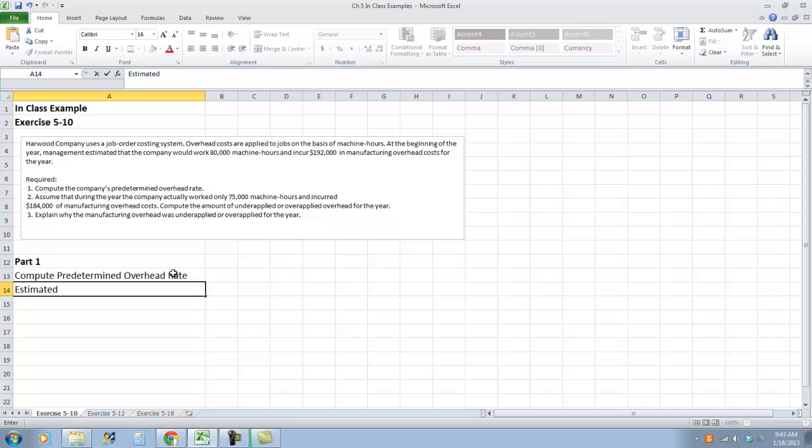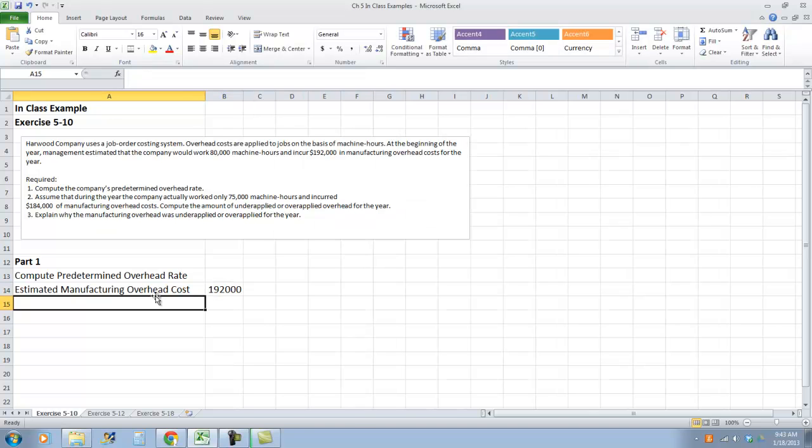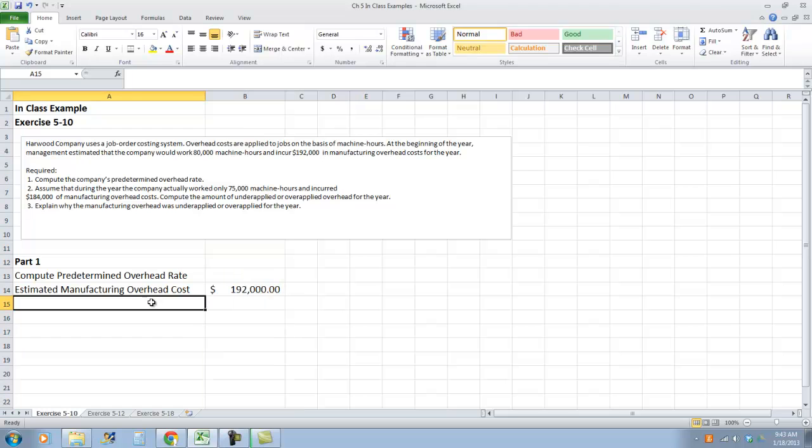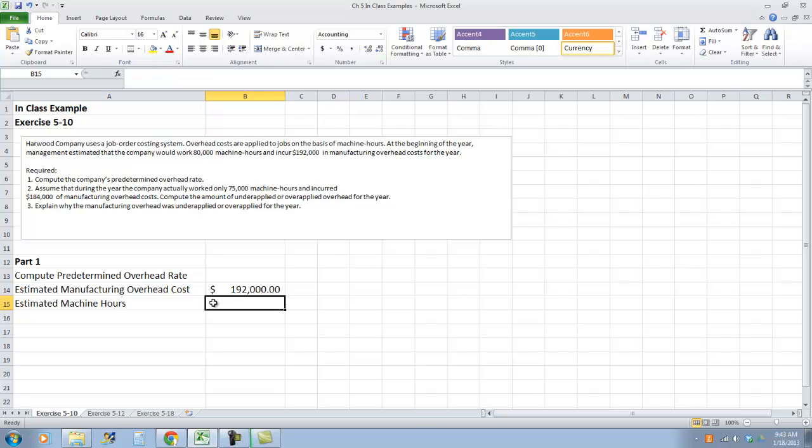Estimated manufacturing overhead costs. And they estimated that it would be 192,000. And they estimated machine hours of 80,000 for the year.